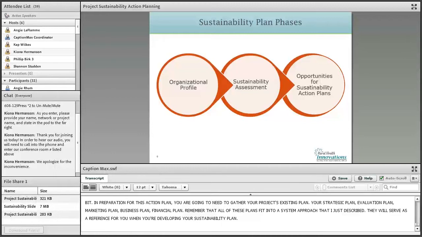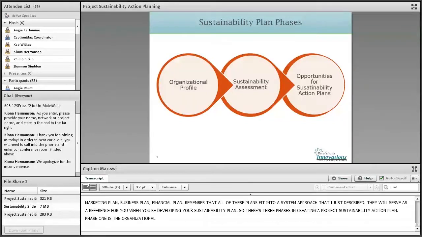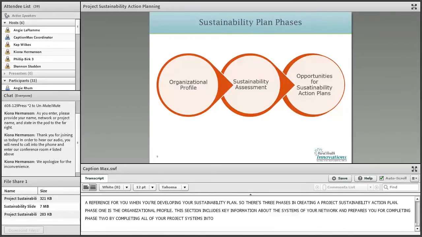So there are 3 phases in creating a project sustainability action plan. Phase 1 is the organizational profile. And this section includes key information about the systems of your network and prepares you for completing phase 2 by bringing all of your project systems into focus.